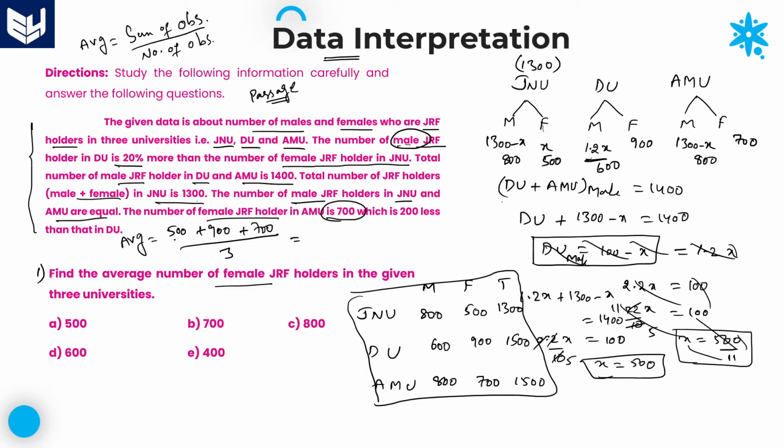Here it is 1400 plus 700, that is 2100 divided by 3, that is equal to 700. That is the required average number of female JRF holders in the given 3 universities. 700 is the right answer for this question. Once look at the options, 700 is there at option B. So option B is the right answer for this question.